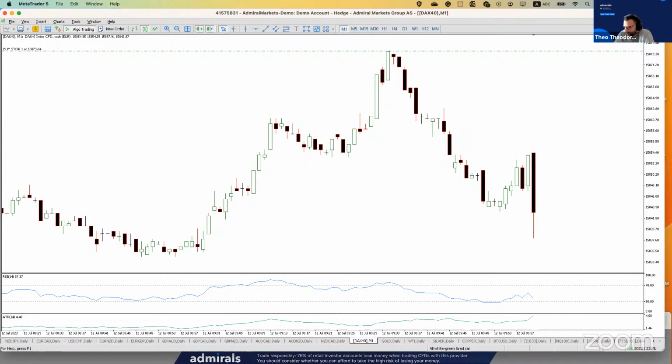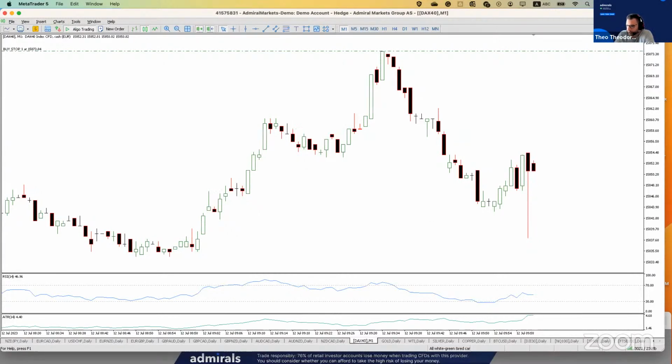Rumen asked Theo, what about the research on New York opening scalping? You mean the live trading? We are talking about it.